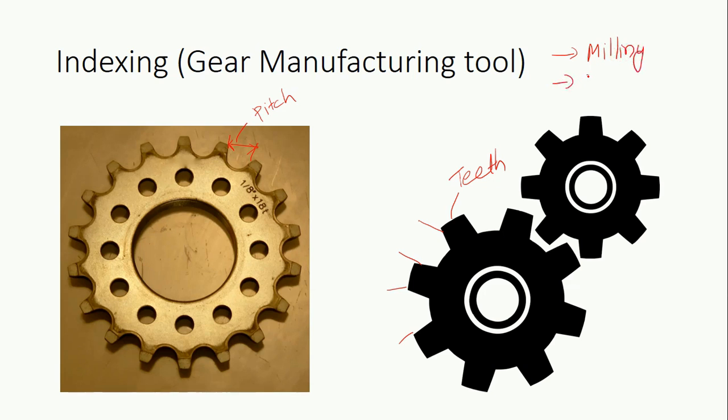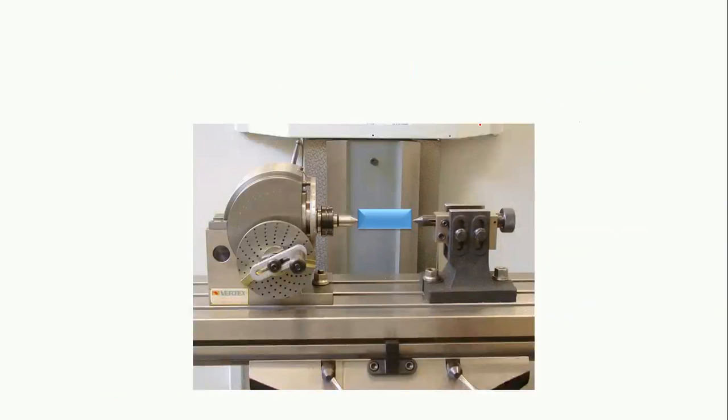Another one is shaping. In both types of method, we can use the indexing head. How the indexing head looks is better seen by watching this. This is known as the indexing head.